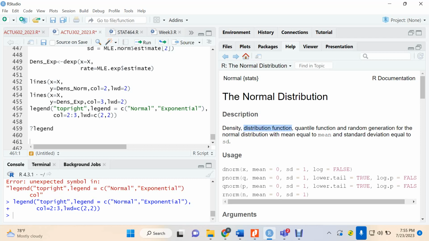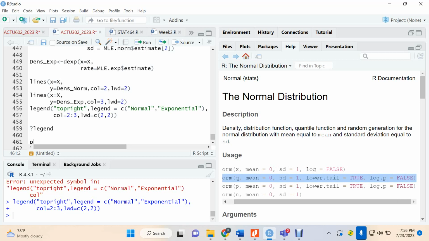Do you get it? For example, for the normal, if I want to find pnorm, the probability that the patient will live more than 2,000 days, what do I have to do? I put q, the quantity, as 2,000. The mean and those things we've already found.